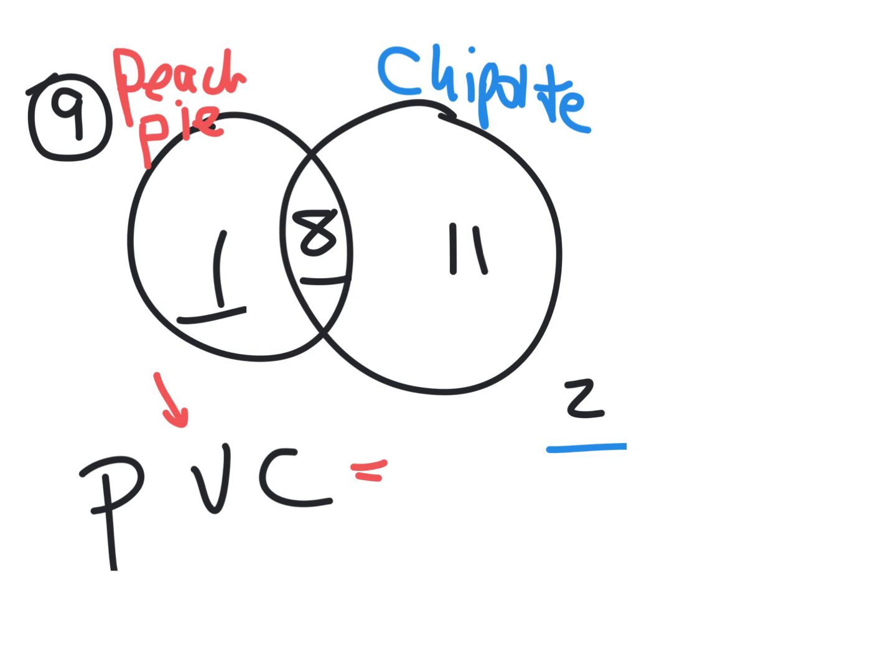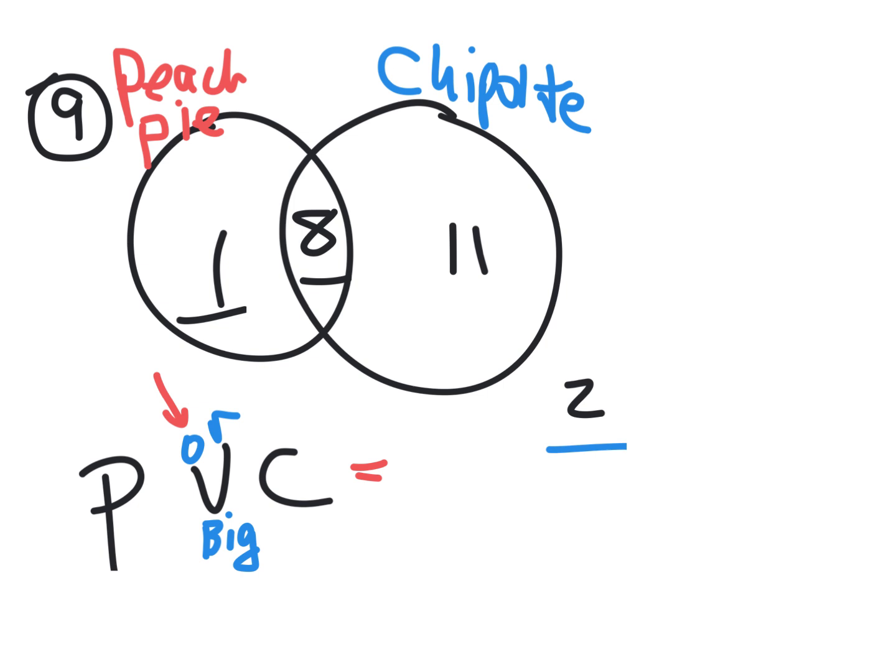Notice it's not a probability. All I asked is Peach Union Chipotle. All right, you should have put or, and you should have put that it's a big answer. Because so often people think it's 8, and it's not 8.